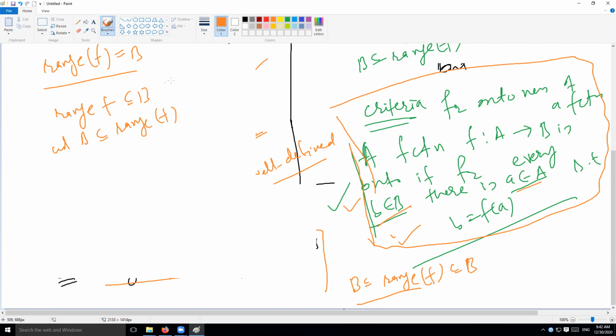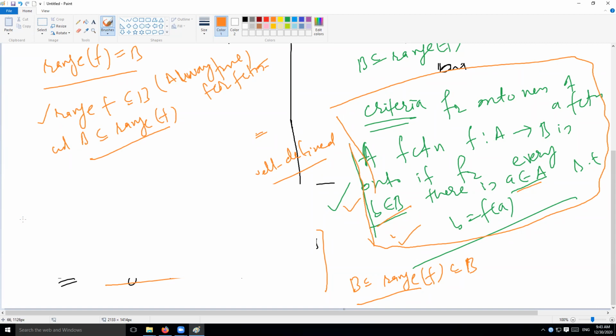The first is always true for functions, so you don't have to show it. You only have to verify that B is a subset of range of f.